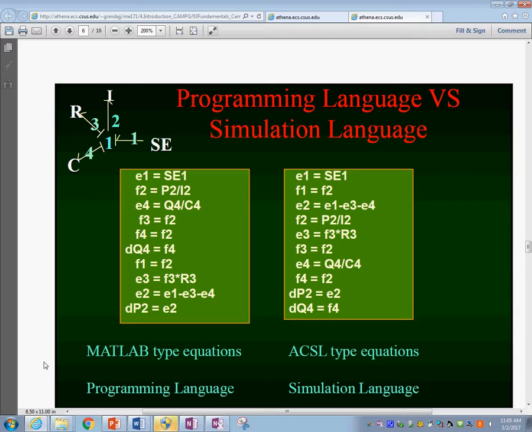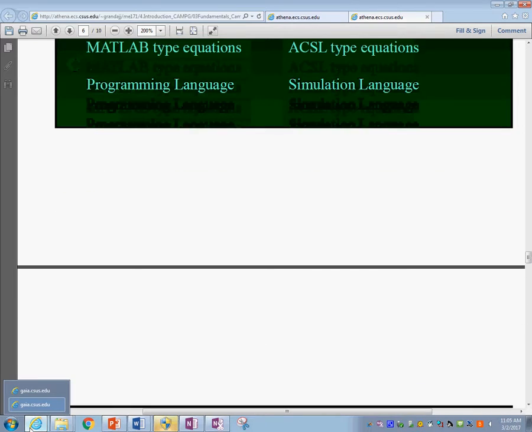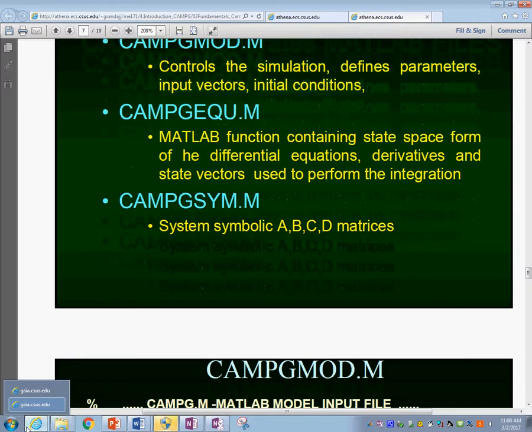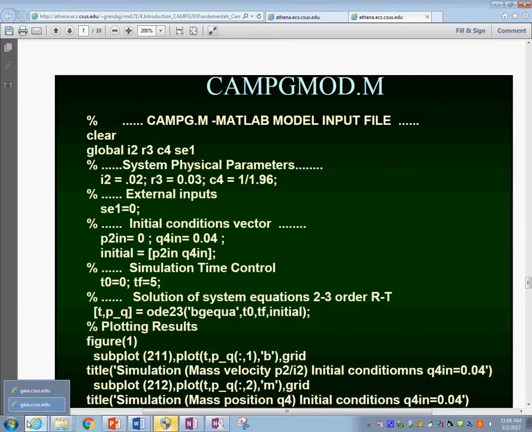This is in the individual elements form, but we can have it in the state space form or in this form. CAMG generates these files. The mod file, which is the model file, the equations file, which is the differential equations file, and then the CAMG-SYM file, which is the symbolic file. Also, you have a CAMG num file, which is just to work with numbers, not with symbols.